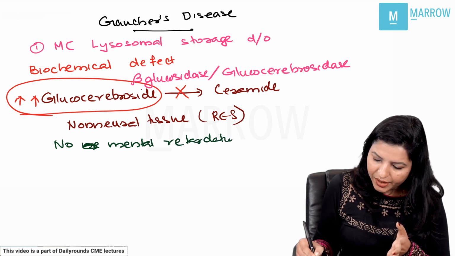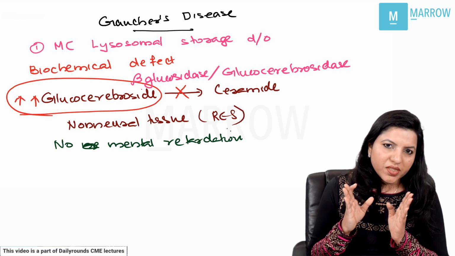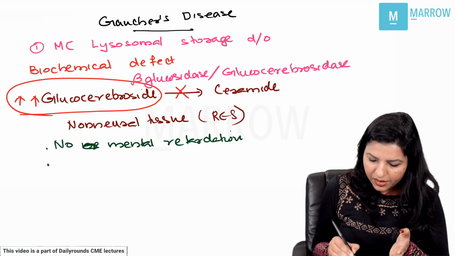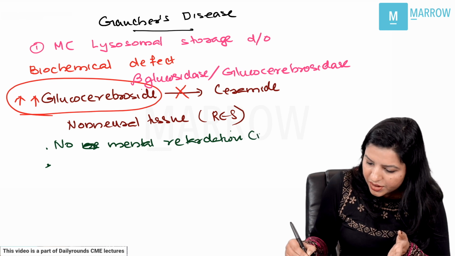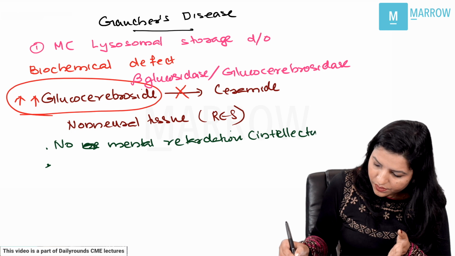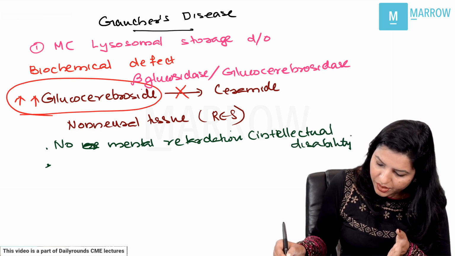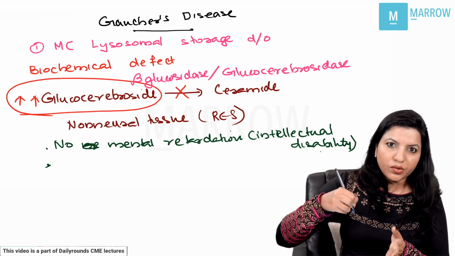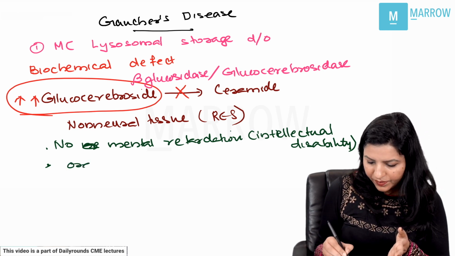The most common type is type 1, in which there is no mental retardation. The current terminology for mental retardation is intellectual disability. So there is no intellectual disability, and it is in non-neural tissues like the reticuloendothelial system, so there is organomegaly.